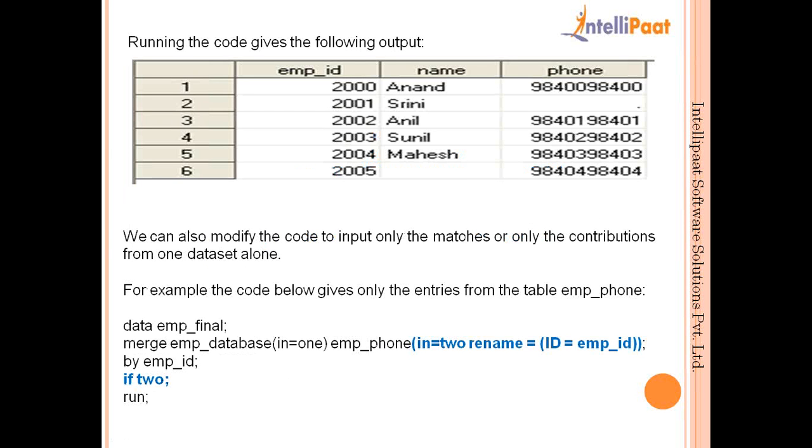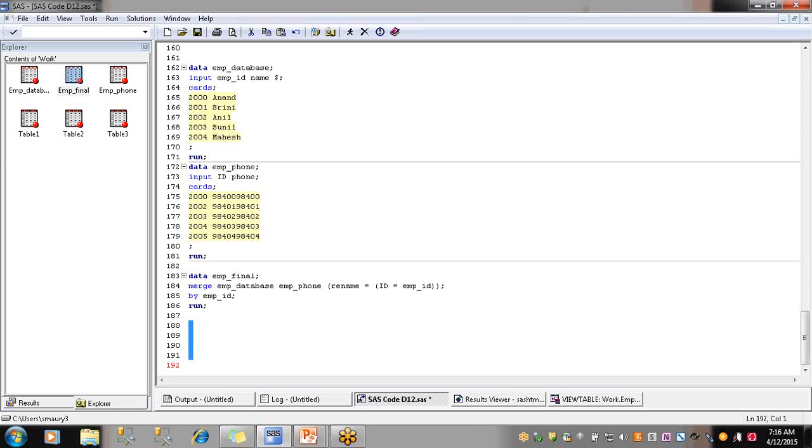Now running the code gives this output. We can also modify the code to output only the matches or only contributions from one data set alone. For example, the code below gives only entries from the table employee phone. So let me run this program.